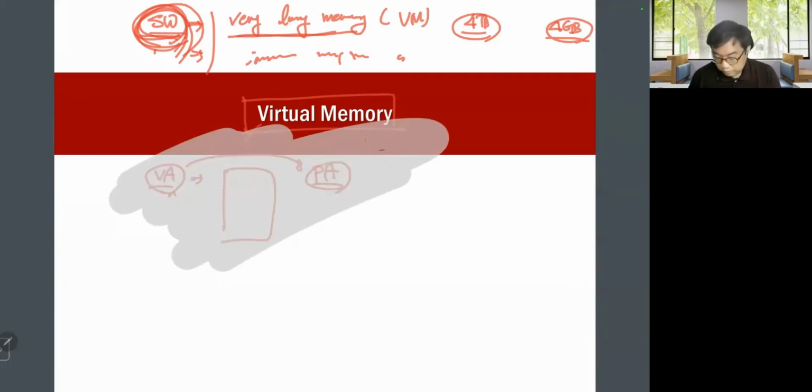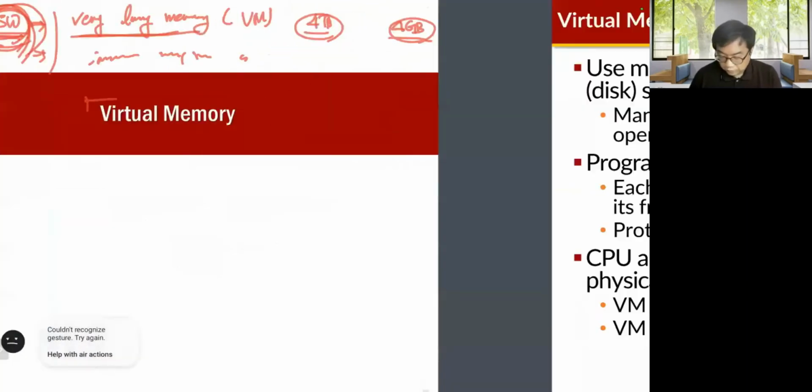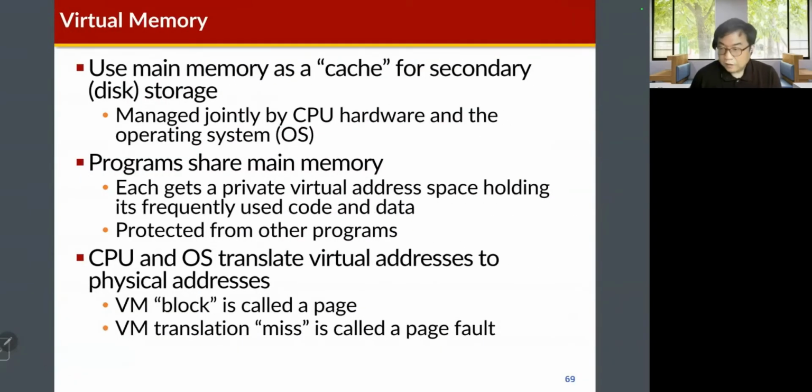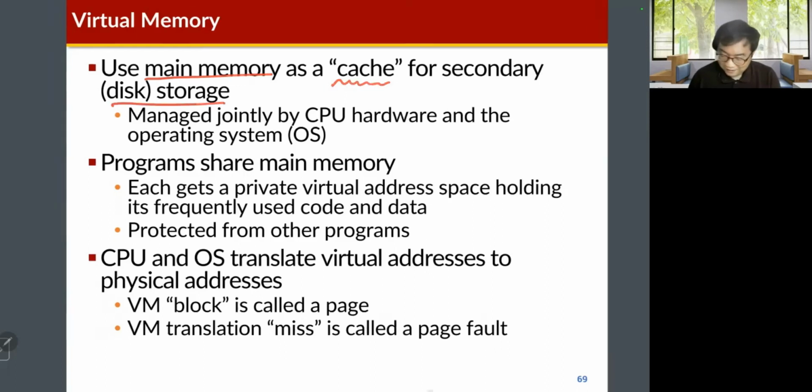So actually, the original purpose of a virtual memory system is to use the main memory, which uses DRAM, as a cache for storage. What does that mean?